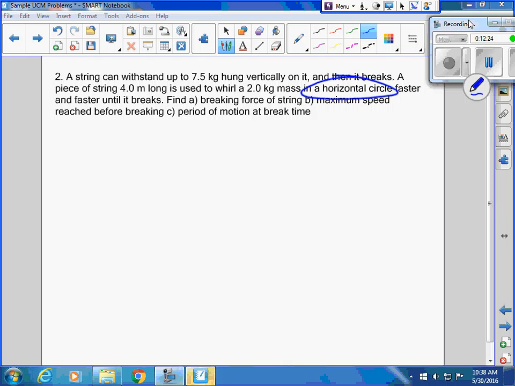Well, we have to find that out, right? So the first step is to find the weight force. Anything, whether it's fishing line or steel cable, will have some sort of test strength, what it's rated to. So in this case, it's rated to 7.5 kilograms times 9.8. So it's rated to 73.5 newtons.